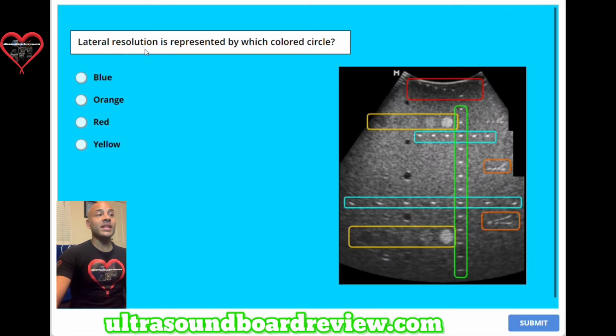Question 23. Lateral resolution is represented by which colored circle? A. Blue, B. Orange, C. Red, or D. Yellow?